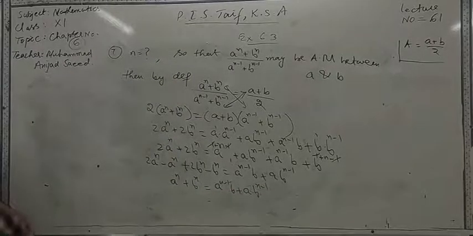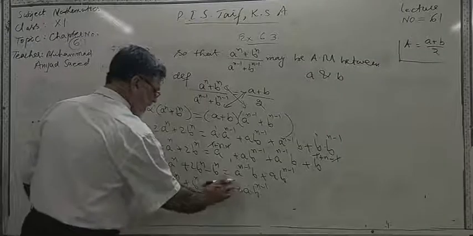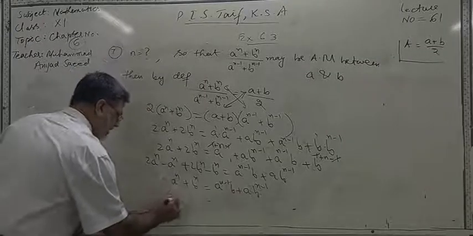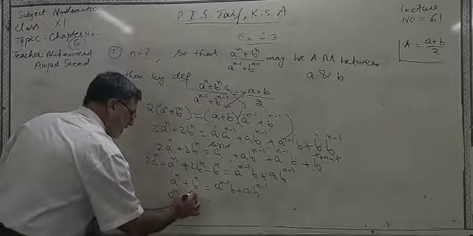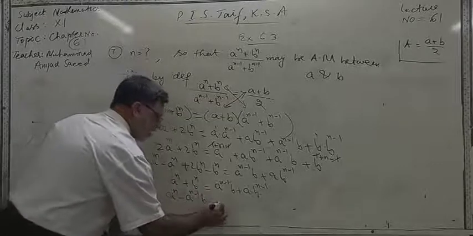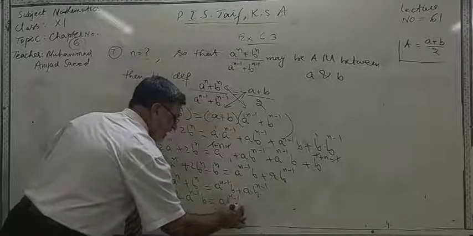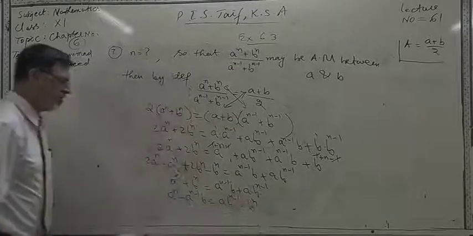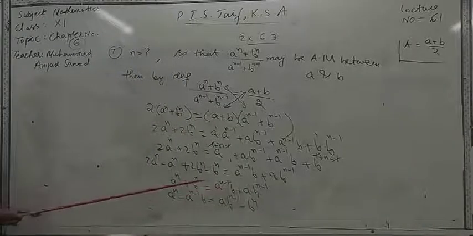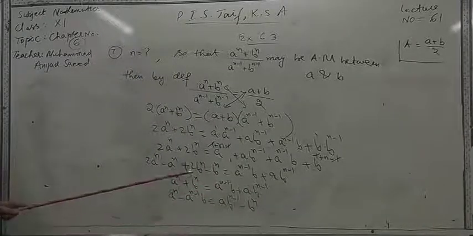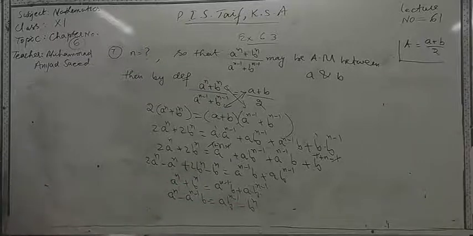Dear students, you can bring a^(n-1)b to the left hand side. a^n minus a^(n-1)b is equal to ab^(n-1) minus b^n. a^(n-1)b is shifted to the left hand side and b^n is shifted to the right hand side.